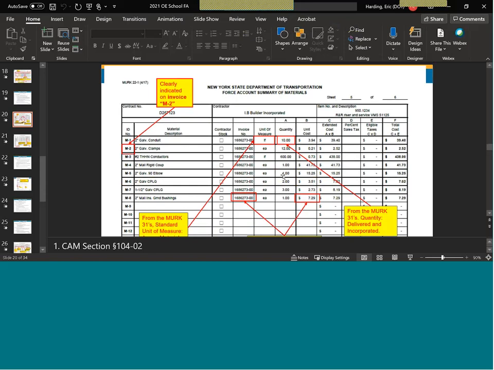All right, here's the material summary. Material ID. These ID numbers, M1, M2, they're filled in automatically. That's part of the spreadsheet. What this does for you is, see, we got M2 there, 2-inch galvanized clamps.